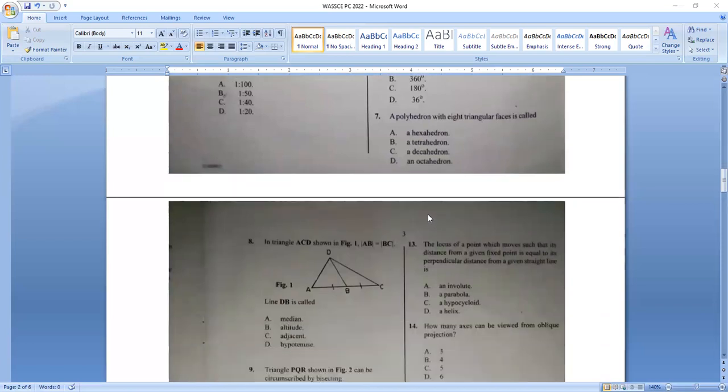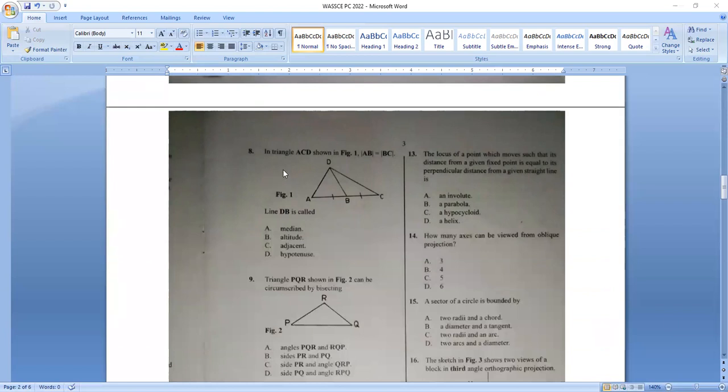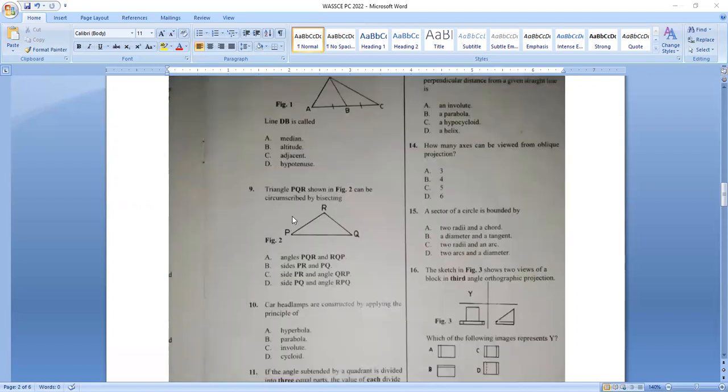That is option D. Question 8, a triangle ACD shown in figure 1, AB equals BC. And the question now says that line DB is called median. Line DB is median.